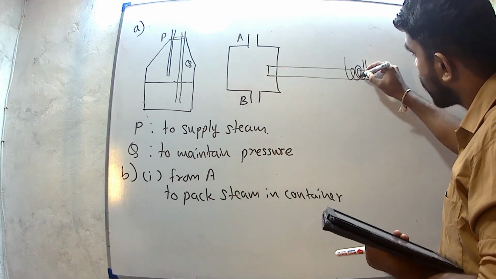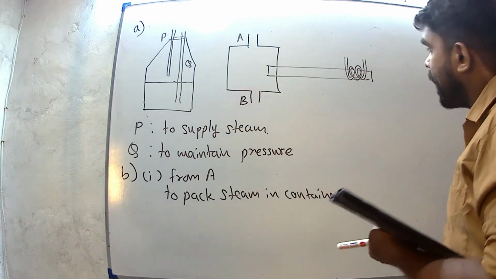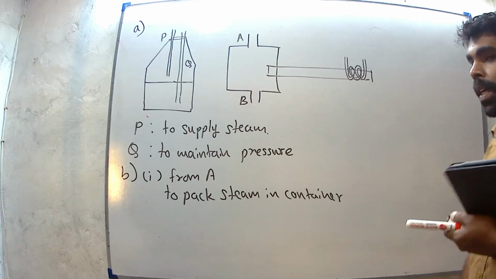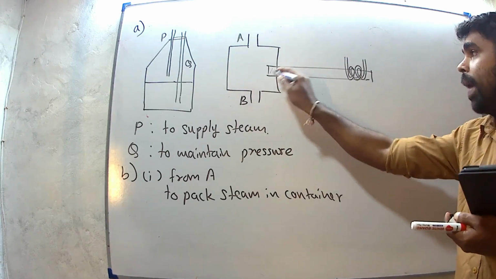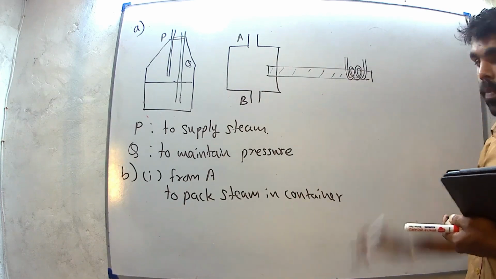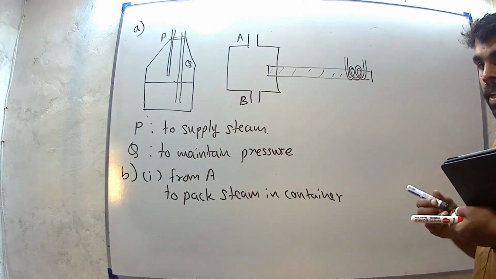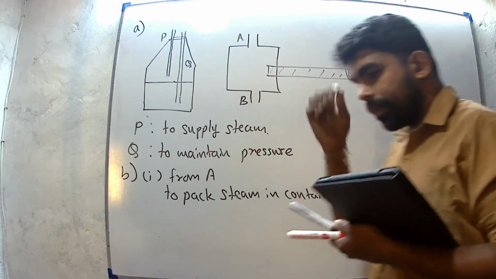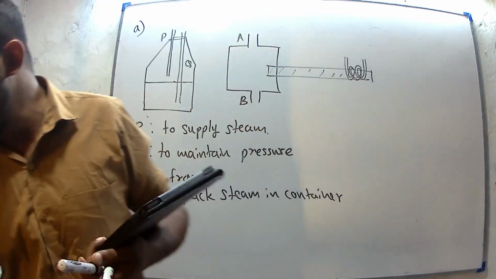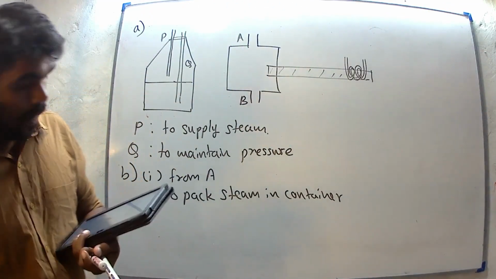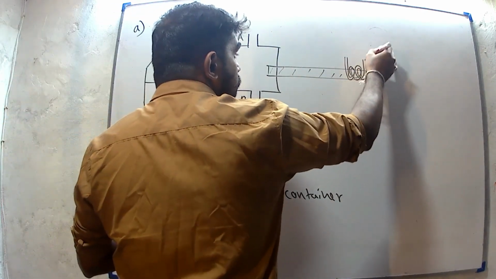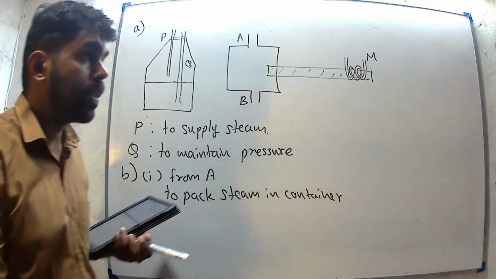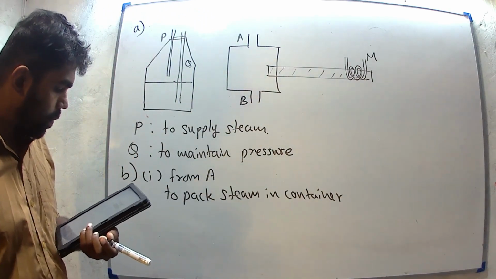We have to give a water supply to maintain a steady condition of this metal rod. When giving the water supply, it is compulsory to use this M input tube.